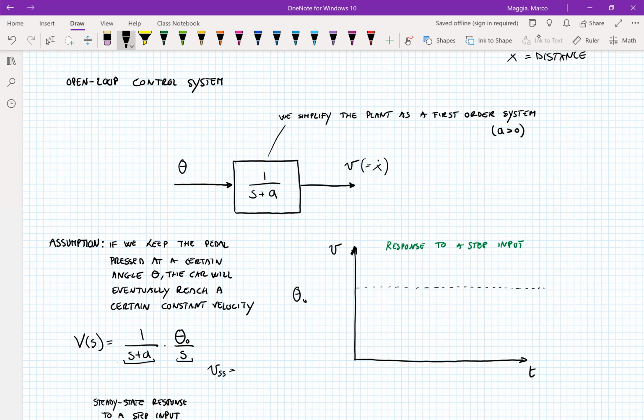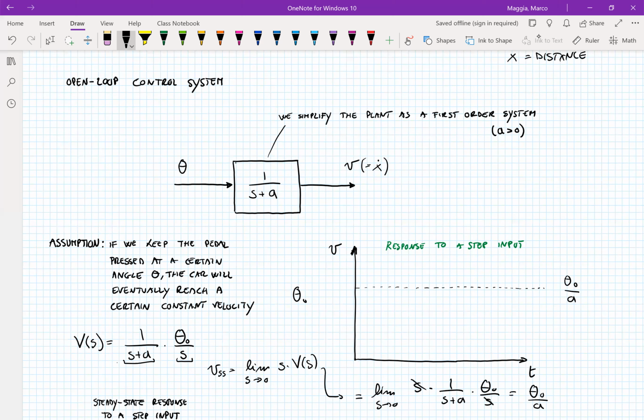So the steady state value for the velocity is the limit for s that goes to 0 of s v of s. This is equal to s times 1 over s plus a times theta 0 over s. And so your final velocity is theta 0 over a. So if we want to plot the velocity as time passes, well, the velocity, you start at 0.